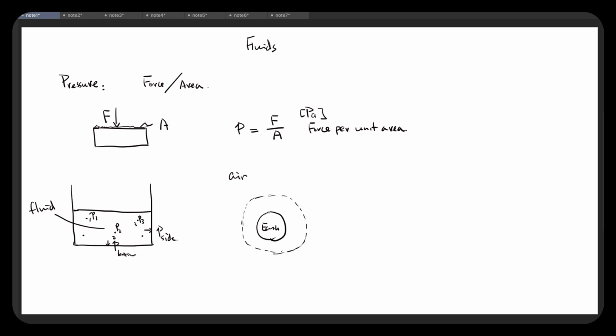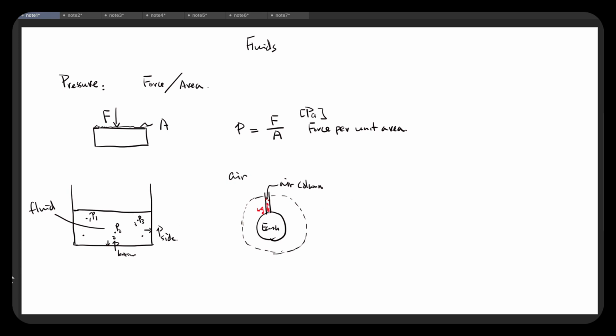If I think about just one really thin column of such air, then all the air particles inside the column experience gravity, mg, acting on these air particles, and that's why they apply pressure on each other.